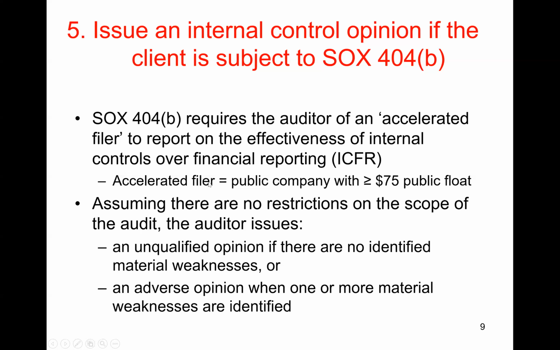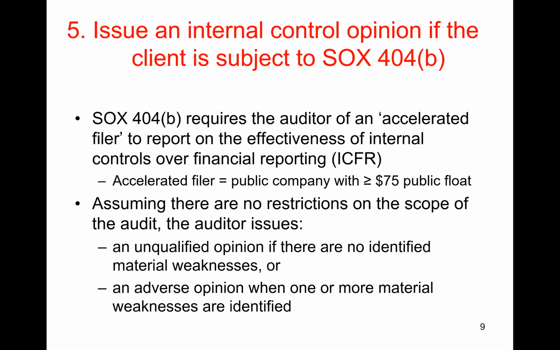What's an accelerated filer? Well, it's a public company that has at least 75 million as a public float. Okay, so what's a public float? Well, a public float is the company's market value less any shares that are held by company insiders.